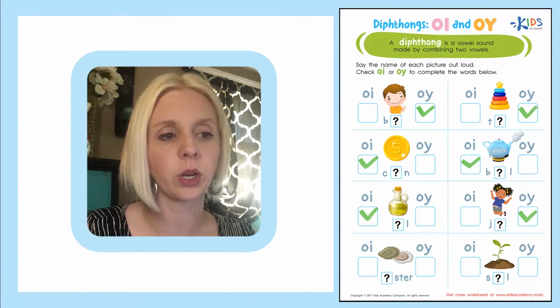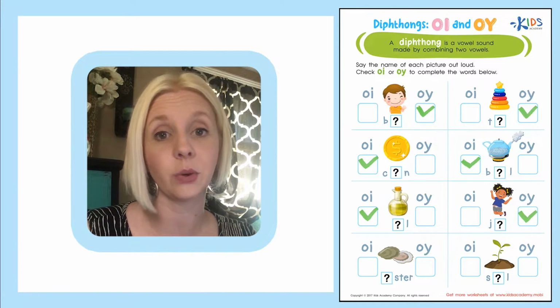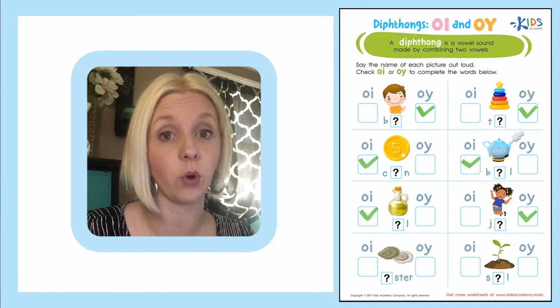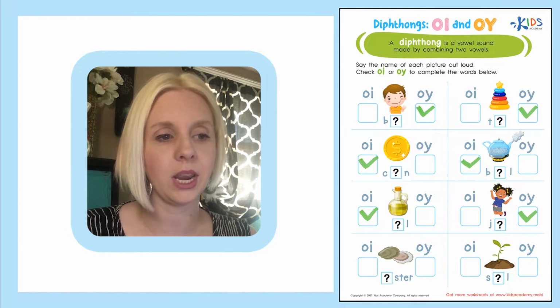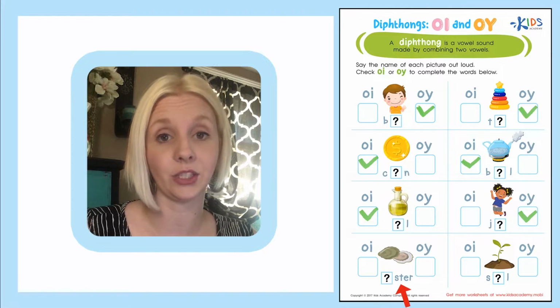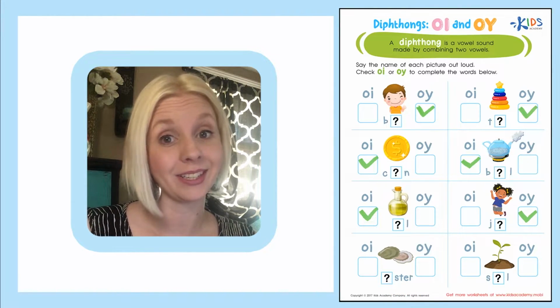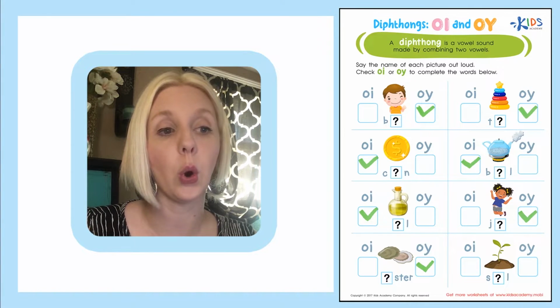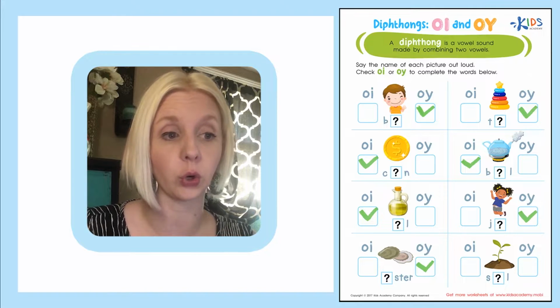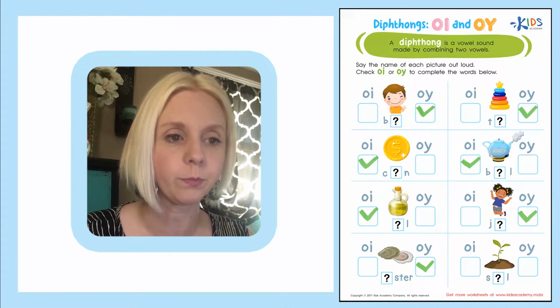So what we're going to do is figure out where it goes, but it doesn't follow the rule, so it's actually going to be the opposite of what we would think. So this one right here is at the beginning of the word oyster. So normally we would think it's an oi, but it doesn't follow the rule. So this one I'm just going to kind of give to you. This one is o-y, oyster, o-y-s-t-e-r. That's just a different word.